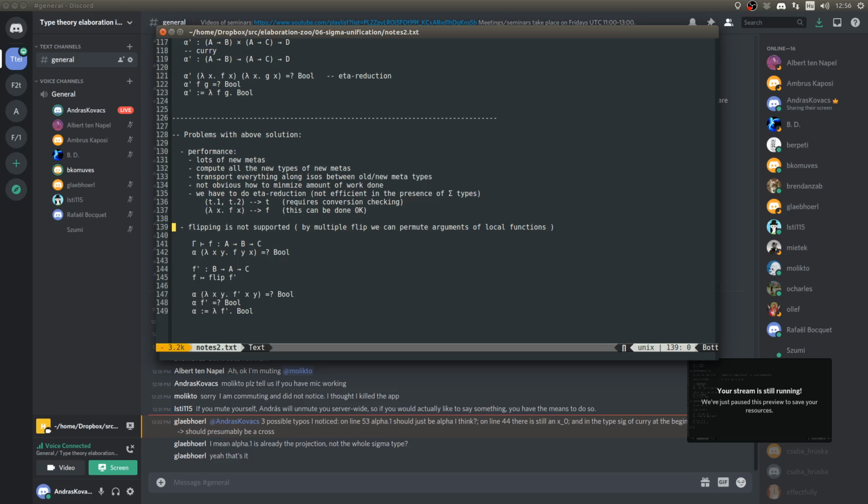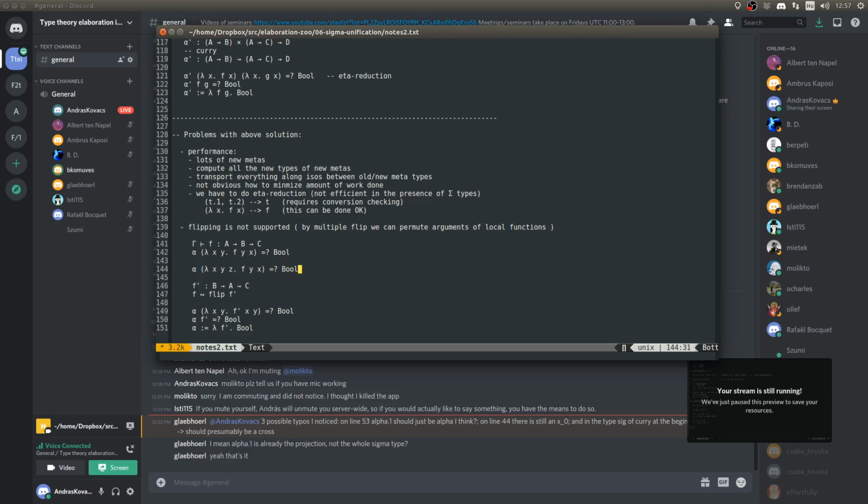I mean, if you have a unification problem like line 142, that's a problem, yeah? You can have lambda xyz, and just the rest. This is a problem.